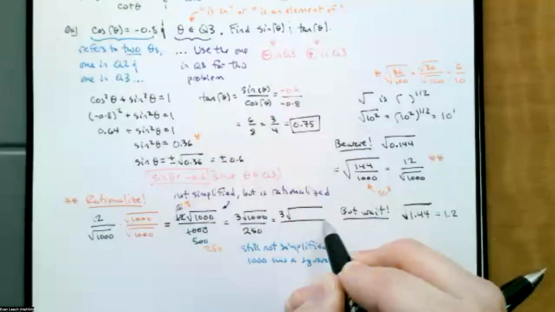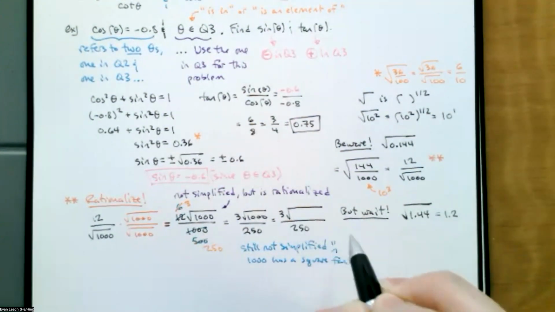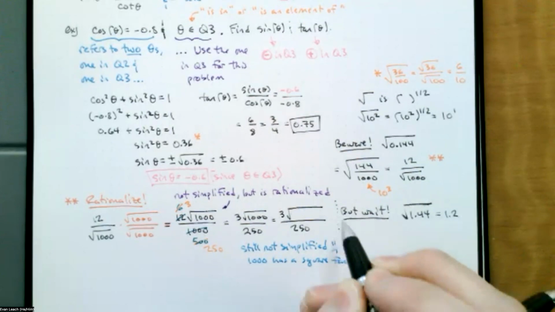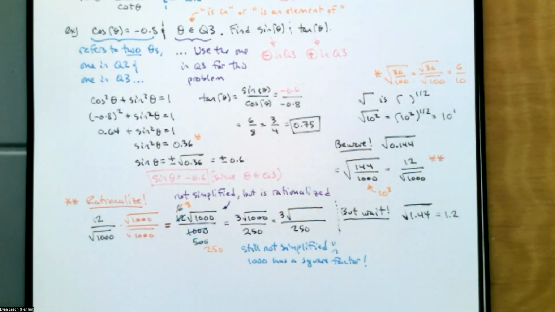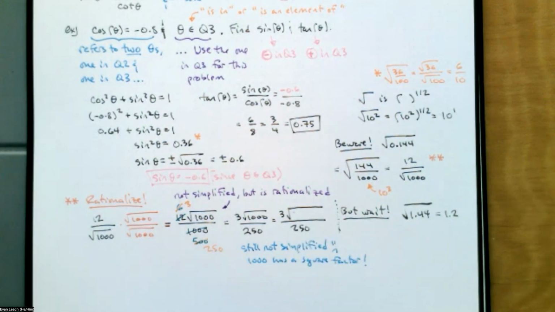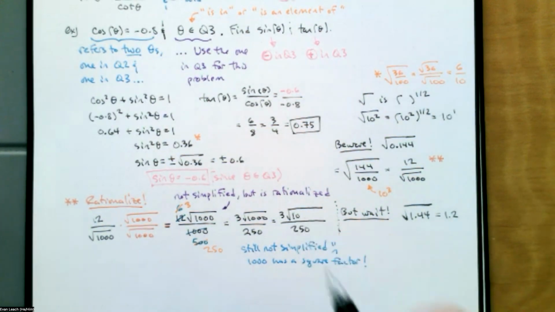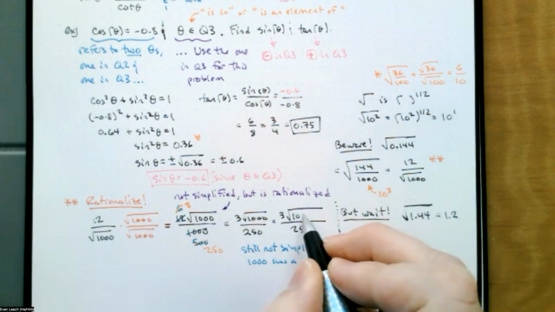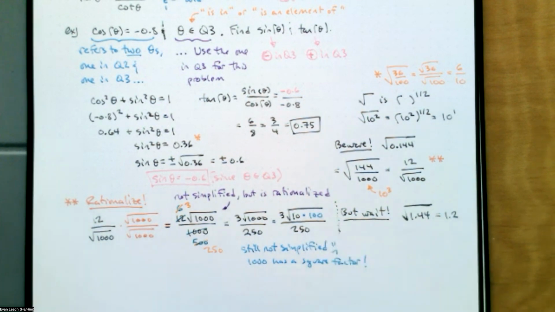Because 1,000 is just 100 times 10. And I can simplify the square root of 100 as just 10.